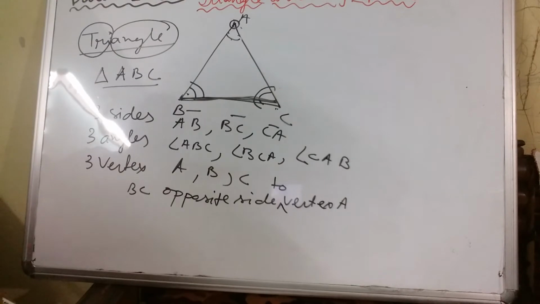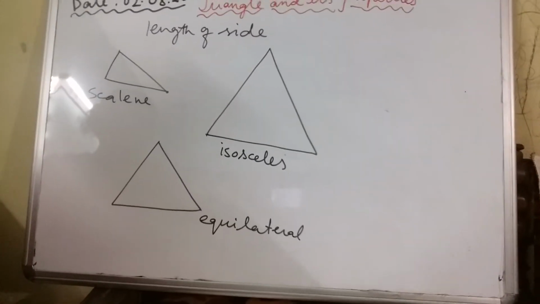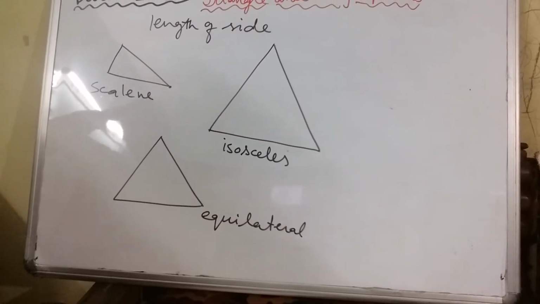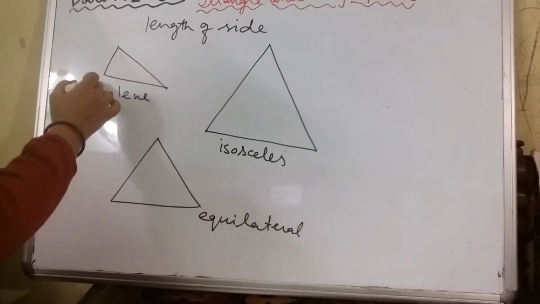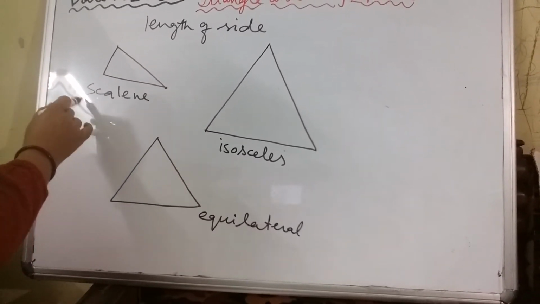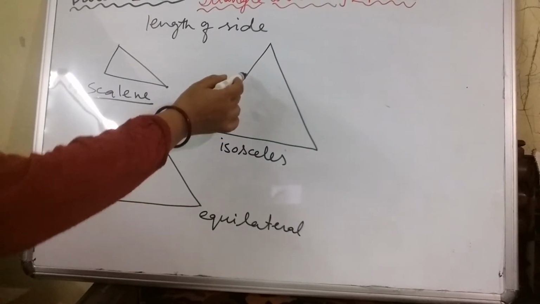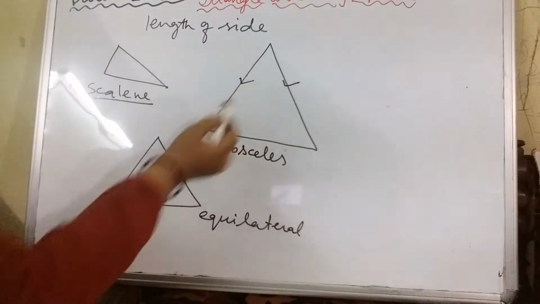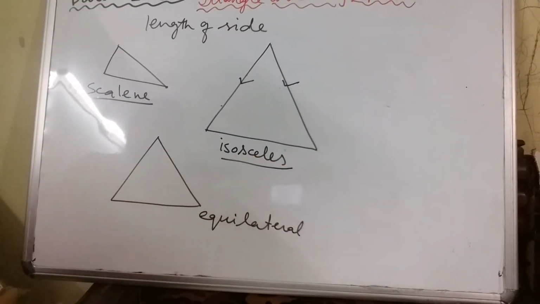Now we can classify triangles on the basis of the length of their sides. If all the three sides are of different length, that triangle will be known as a scalene triangle. If two sides are equal in length, say this side and this side, that triangle will be known as an isosceles triangle.